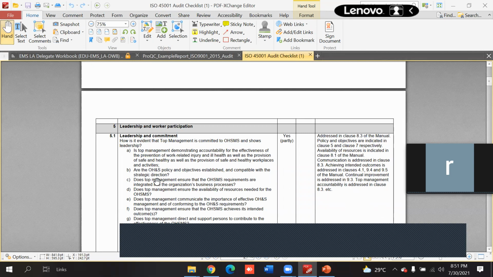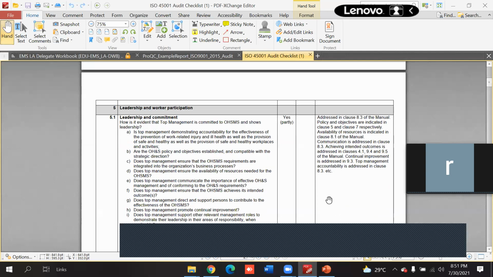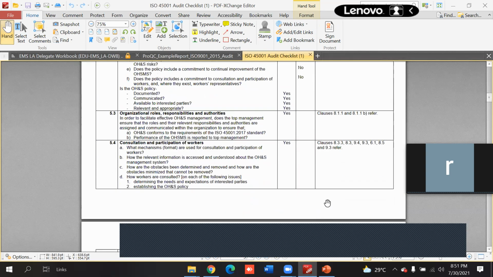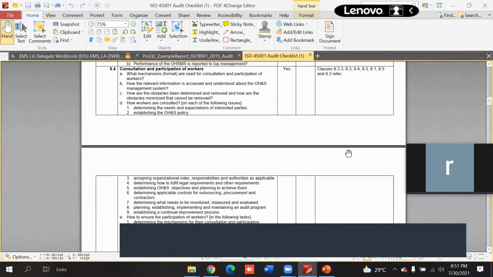Let's say they check what the manual and policy status is, as per the clauses stated, then demonstrate. We can put it as per the procedures. Roles and responsibilities, they clearly mention as per the clause.